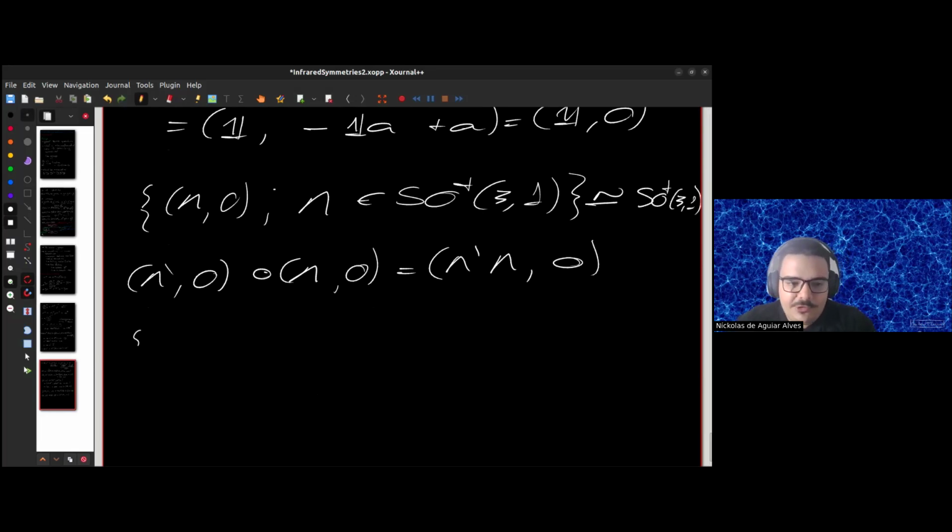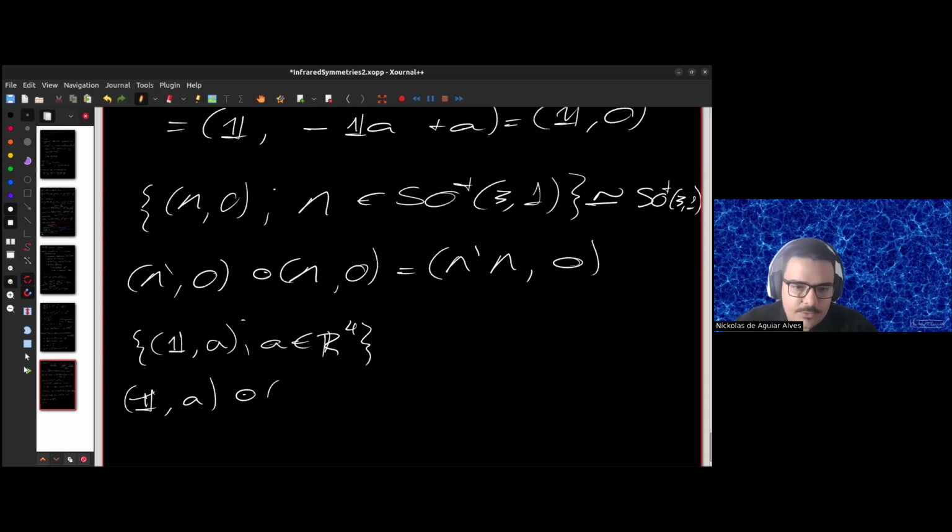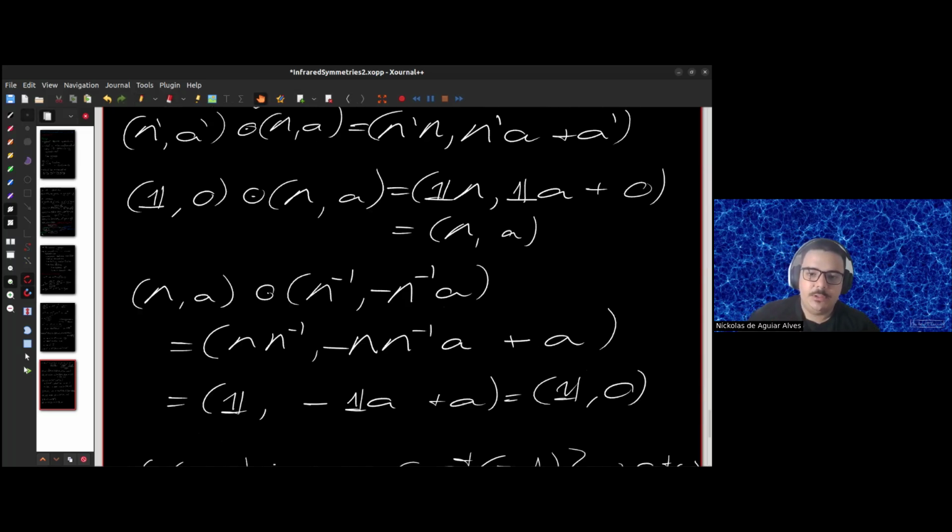And the other group which is interesting for us to consider is formed by the identity as the Lorentz matrix and by an arbitrary vector. So we're going to consider (1, A), where A is any element in R4. This time, the composition rule tells us that (1, A) composed with (1, A prime) is going to be given precisely by (1, A prime plus A), which you can check by using the group law.